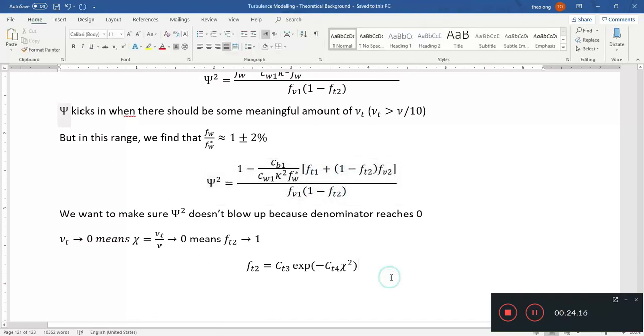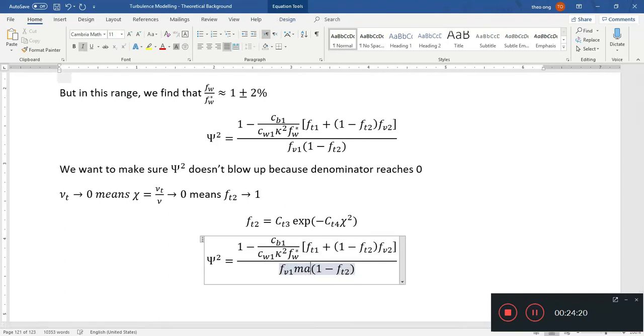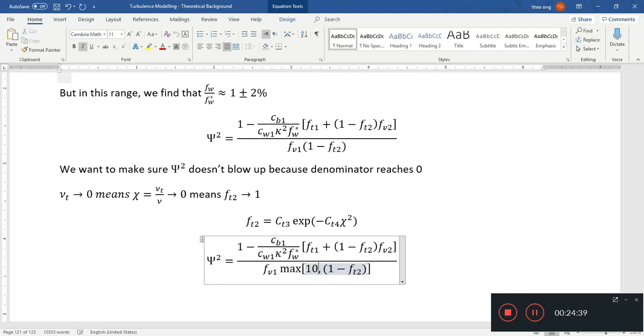You don't want it to be so small that it causes numerical instabilities, so you put a cap. You take a maximum of these two numbers, so that if this ever reaches 0, you can put a cap on how low it goes. The cap used in the paper was 10 to the power of minus 10.